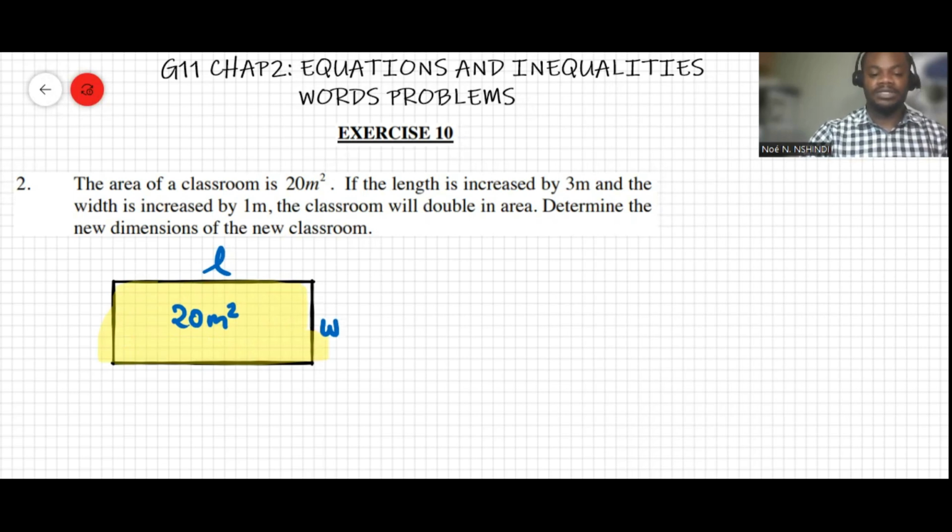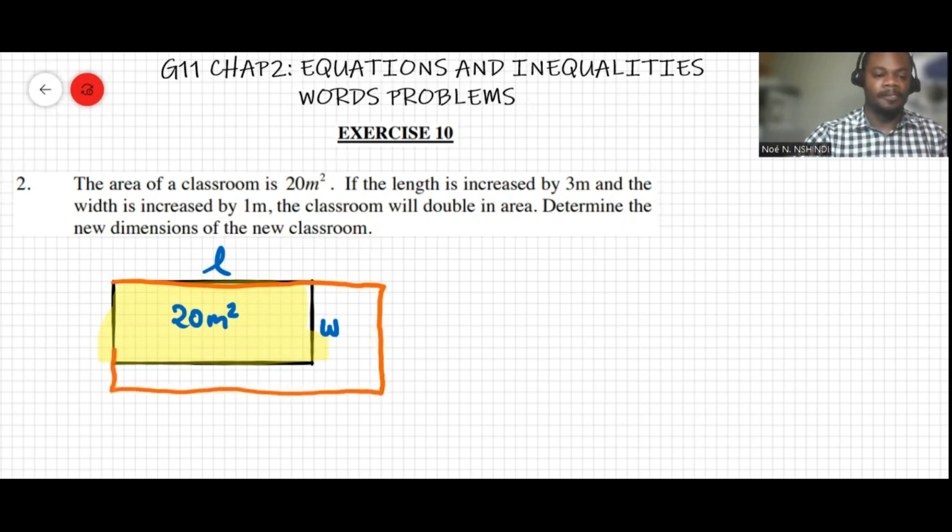Now the question says that if we increase this length by 3 units, so now we add 3 more meters here, and there we add 1 more meter, the classroom will double the area.